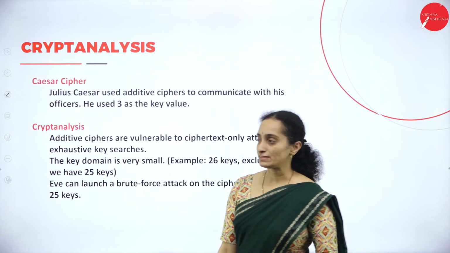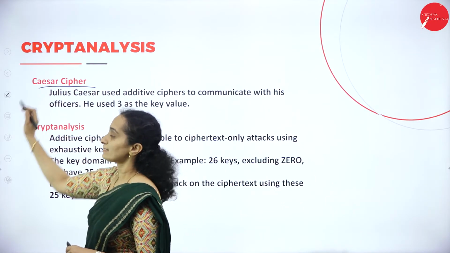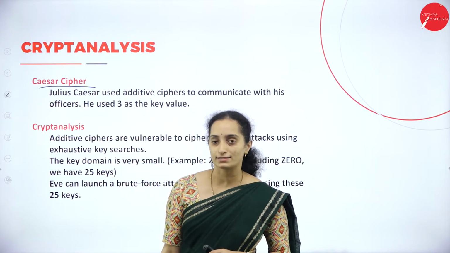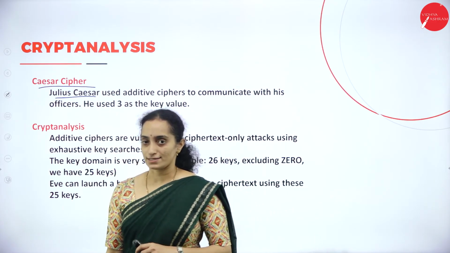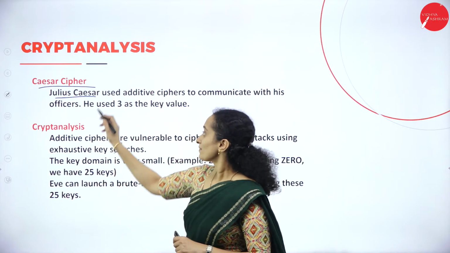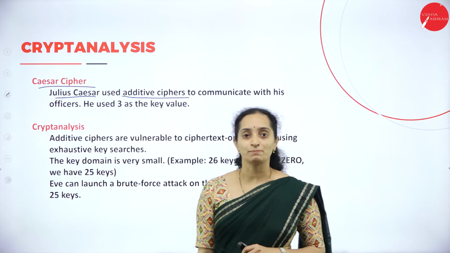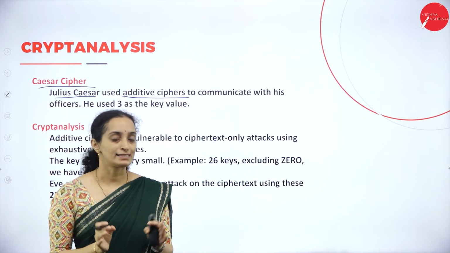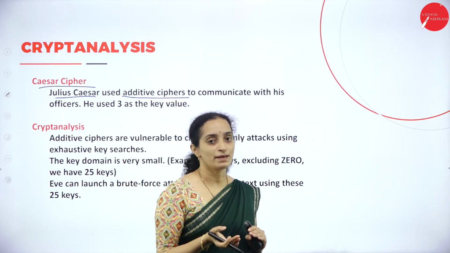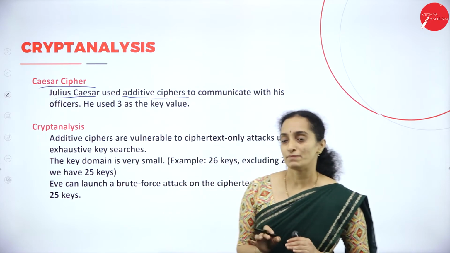Along with shift cipher, it is also called the Caesar cipher. Why is it called Caesar? You know about Julius Caesar. This person used this encryption method to encrypt his message to be sent to his minister.